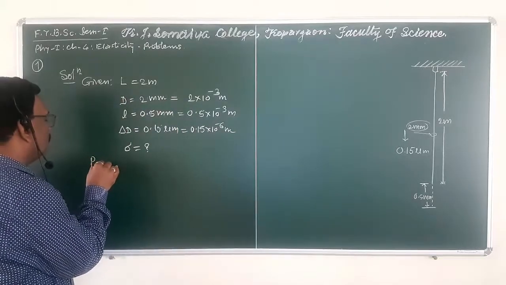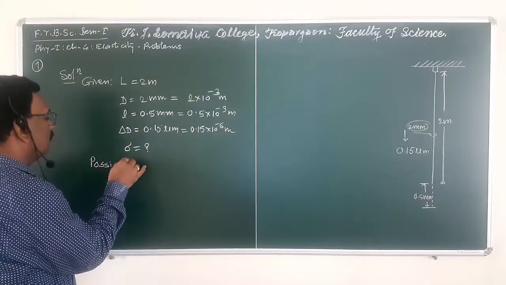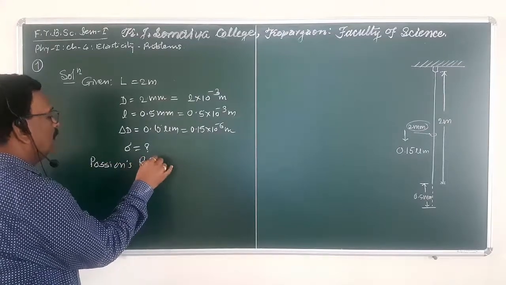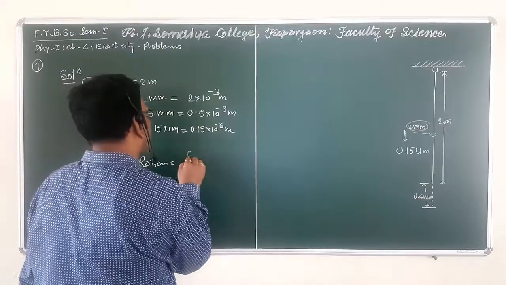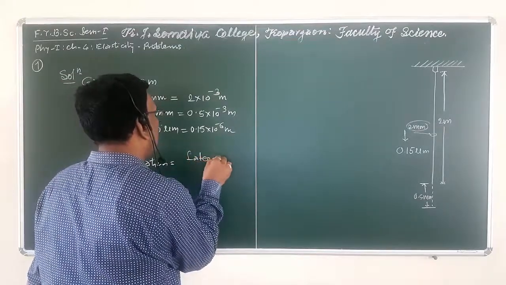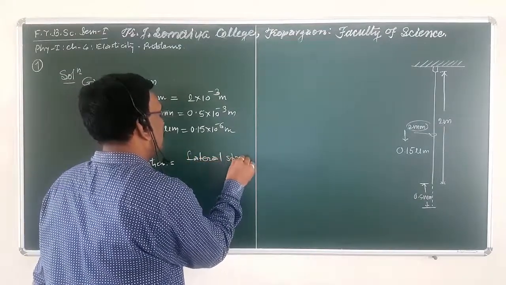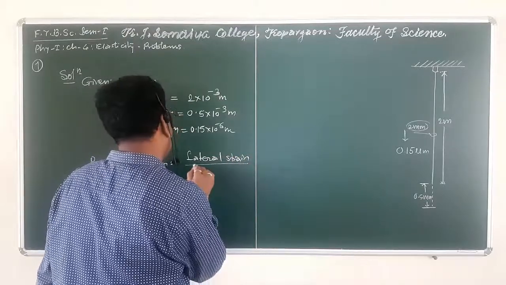Poisson's ratio. What is the formula for Poisson's ratio? Simply it is the ratio of lateral strain to longitudinal strain.